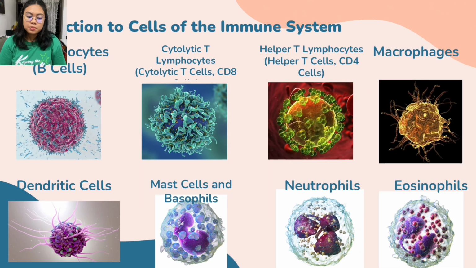So, immune responses are mediated by several types of cells, some of which play a bigger role than others. The major actors are the lymphocytes, or the B cells, cytolytic T cells, helper T cells, macrophages, and dendritic cells. Accessory cells include neutrophils and basophils.